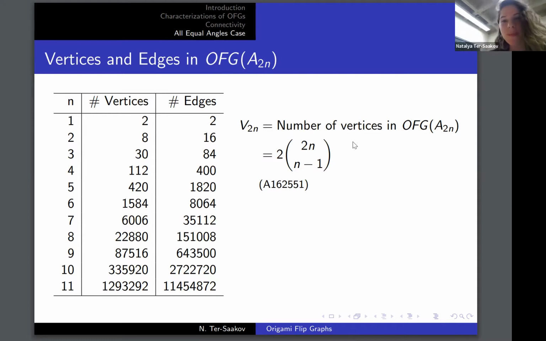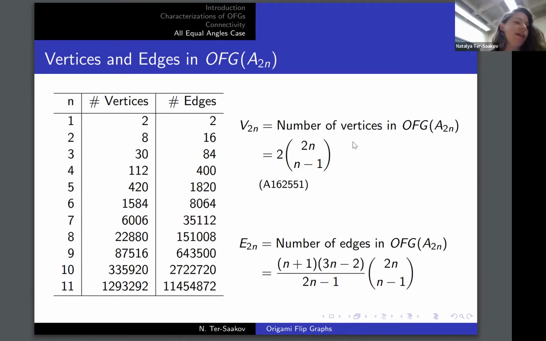Then I came here and was talking to Robert and was like, I have this sequence. I don't know what it is. Robert went to lunch and came back with this formula. And I went, now there's a formula. All that's left is to prove it. So by looking at the expected degree of every vertex, the expected number of flippable faces, or the expected number of not flippable faces is what I actually looked at.